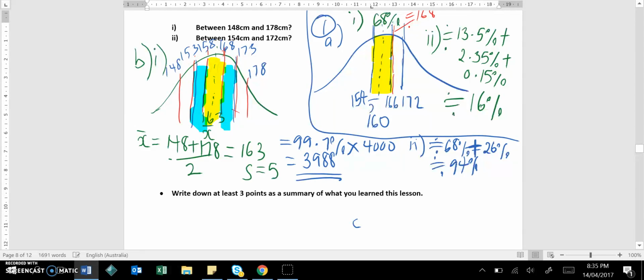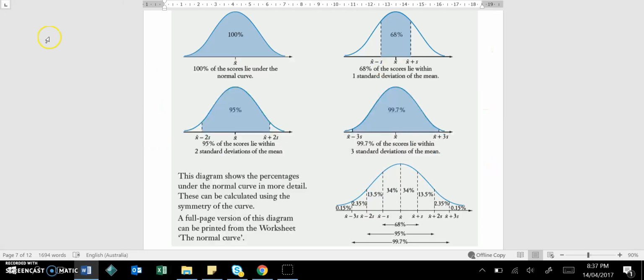Well, I know that from my definition. And these are those definitions. Okay, so you've got your pictures here that show you everything. They show you the breakdowns of the percentages, standard deviations above and below the mean, and what percentages go underneath. Okay, so you need to learn those.